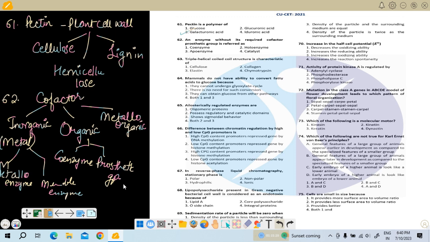Okay, then third one is as it is, metal-organic. So this one, metal activated enzyme.